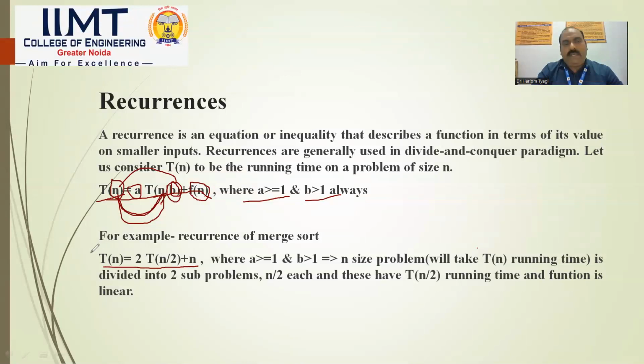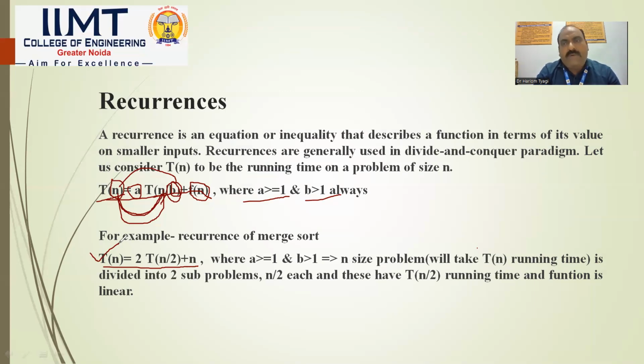This is the recurrence of merge sort. Merge sort depends on the divide and conquer approach. The n-size problem is divided into n/2, and again n/2 is divided into n/4, n/4. If you have 8 elements in an array, where n is 8, it is divided into n/2, which means 4.